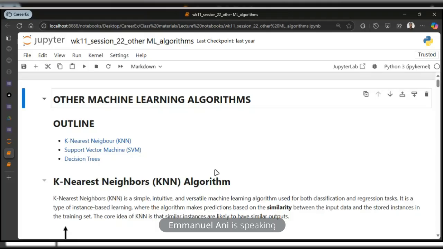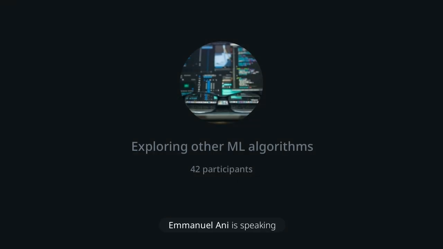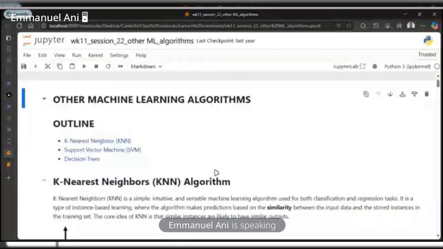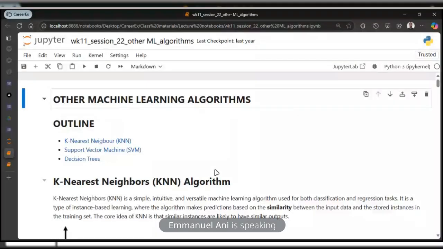I was also saying that these algorithms are mostly known for classification tasks, but they can be adapted to perform regression tasks as well. Most of the ML tasks you're going to be doing are usually classification tasks.